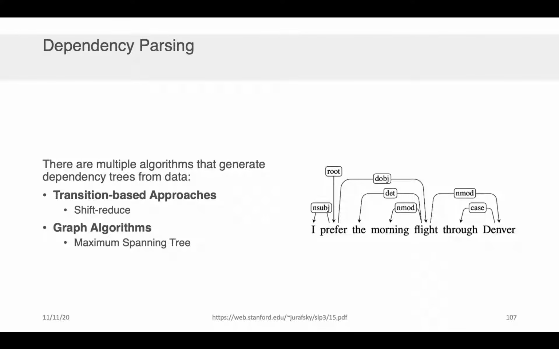And I'm going to talk briefly about graph algorithm-based approaches, but I'm not going to go into a lot of depth there because I think we don't really have the time for me to review the fundamentals of how to do analyses on graphs. And I don't want to overwhelm you with some of those methods. So we'll stick to the transition-based approaches for the purposes of the lecture, and I'll just mention the graph-based approaches in case you're interested in looking into those on your own time.